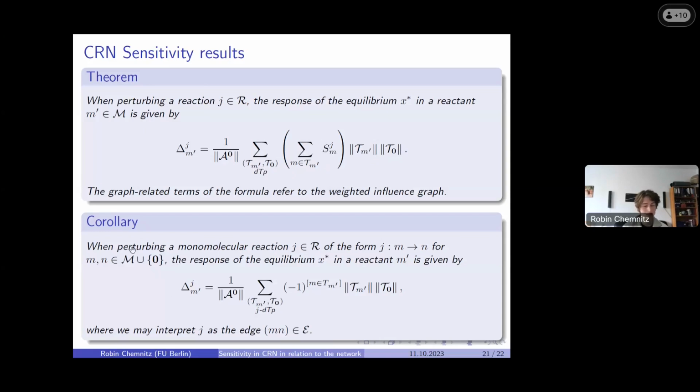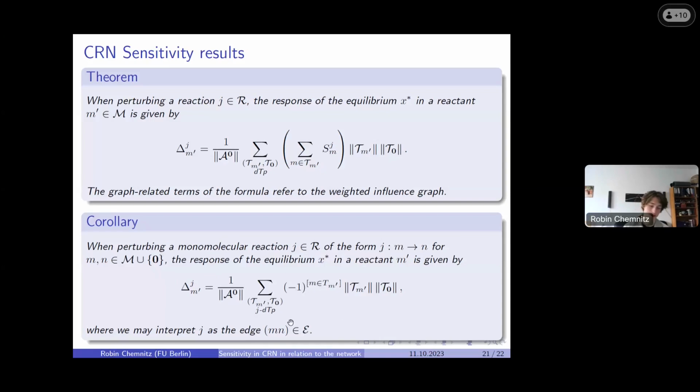And one last nice corollary of this is that if we have a monomolecular network, or we perturb a monomolecular reaction, so just a reaction from some M to an N, nothing else, then this term in the middle just has one plus 1 and one minus 1. So actually we get a term just as before.